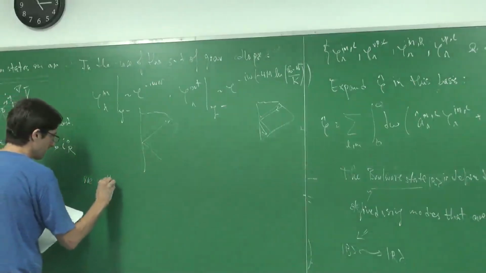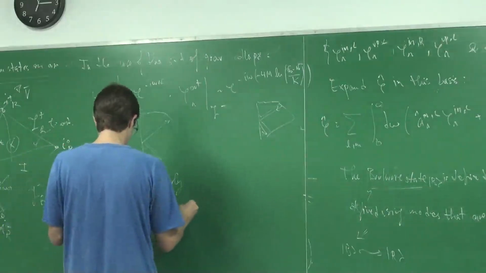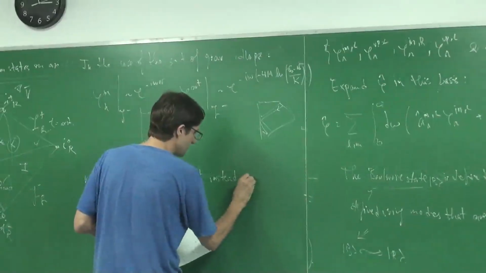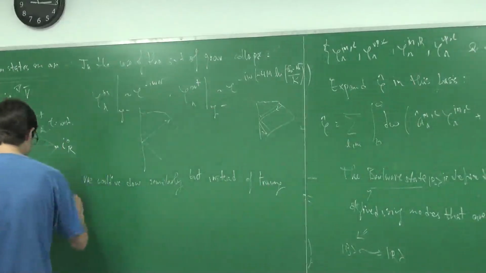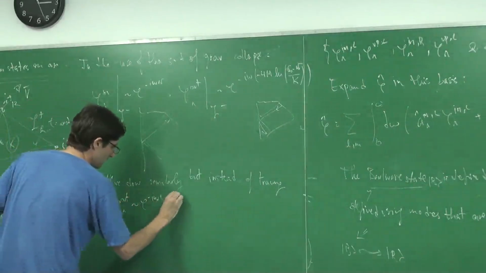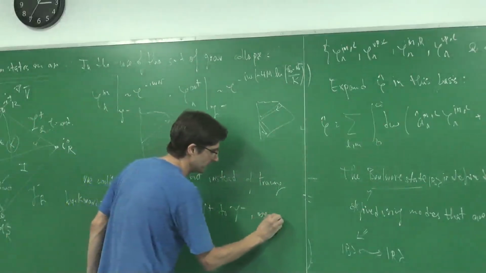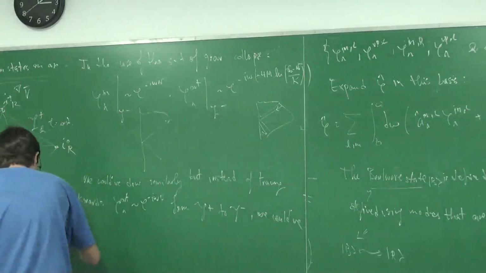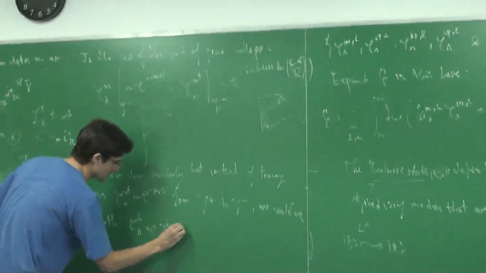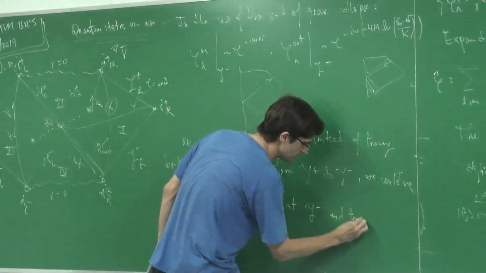So we could have done similarly, but instead of tracing backwards from chi plus to chi minus, we could have started with this mode at chi minus and traced it to the future.